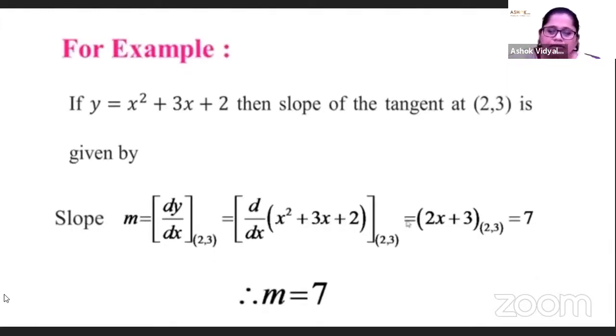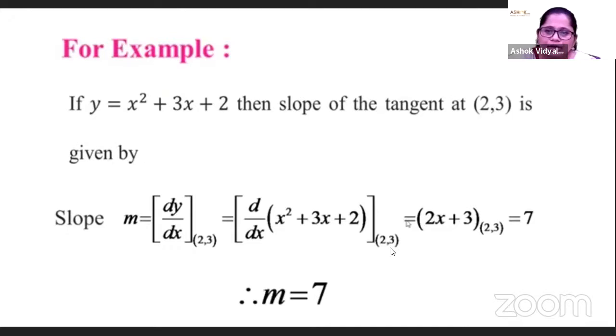Now we see an example on that. If y equals x square plus 3x plus 2, then the slope of the tangent at (2, 3) is given by slope m equals dy by dx at point (2, 3). Take the derivative of x square plus 3x plus 2.